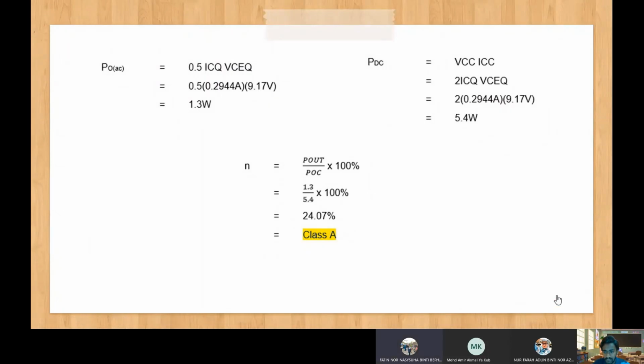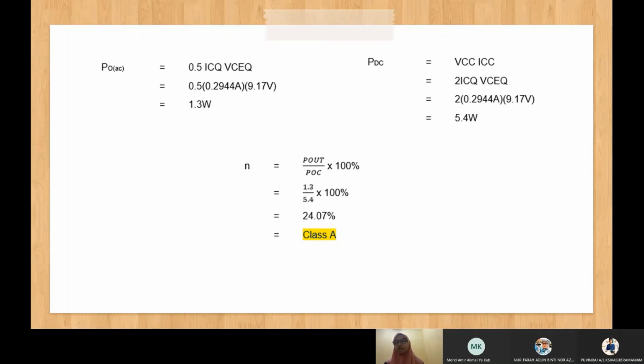for the power output, we can find the power output of the circuit by using the formula 0.5 times ICQ times VCEQ. So we substitute the values that we got from the calculation before, and we get the output power equal to 1.3 watt.